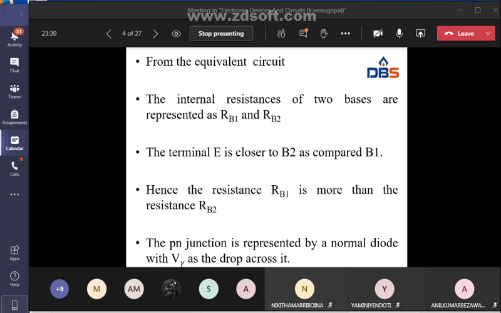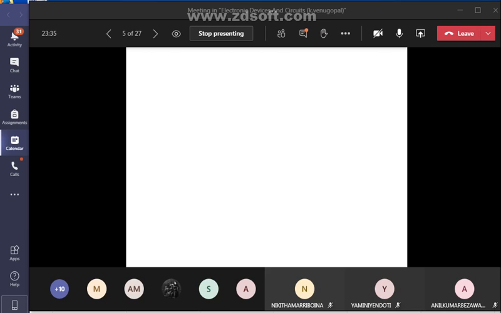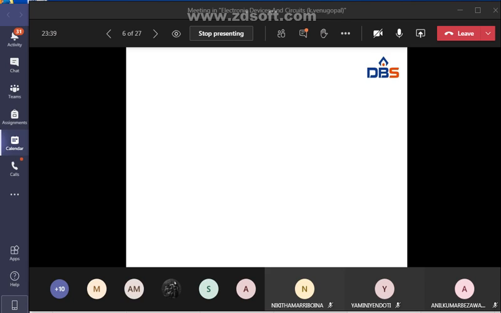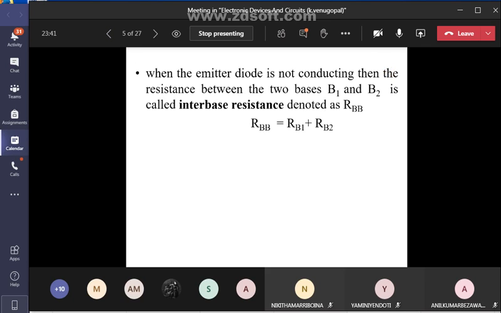The PN junction is represented by a normal diode with V gamma as the drop across it. If it is a silicon diode, the voltage drop is 0.7 volts. If it is germanium, the voltage drop is 0.3 volts.